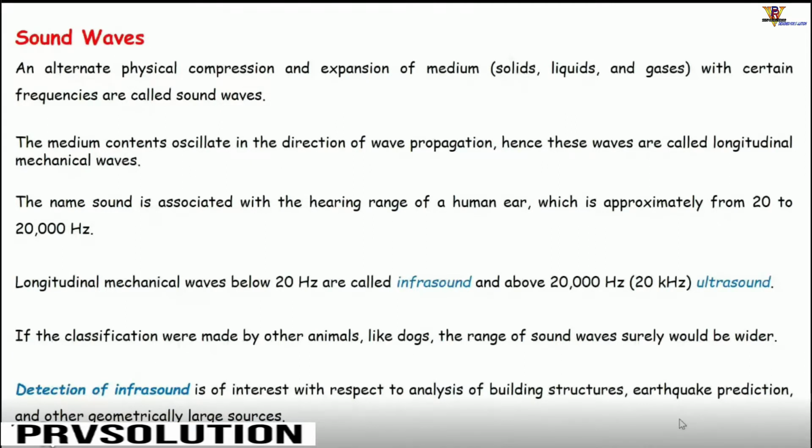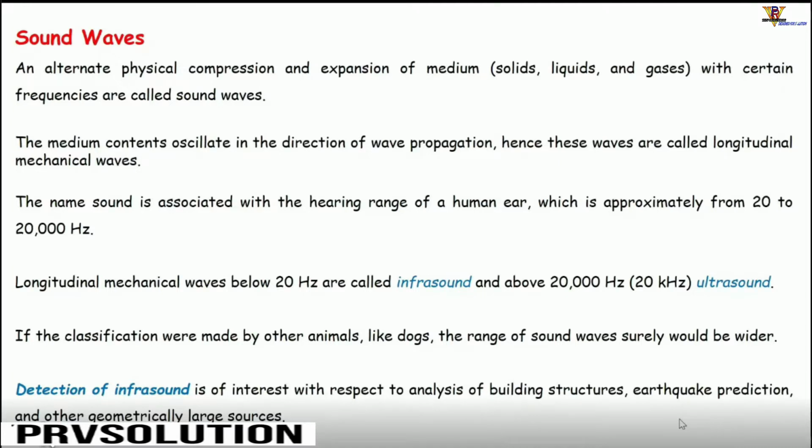Now, look at the sound waves below 20 hertz or above 20 kilohertz. Those below 20 hertz are termed infrasound waves, and those above 20 kilohertz are termed ultrasound waves. Detection of infrasound is of interest for analysis of building structures, earthquake prediction, and other geometrically large sources.